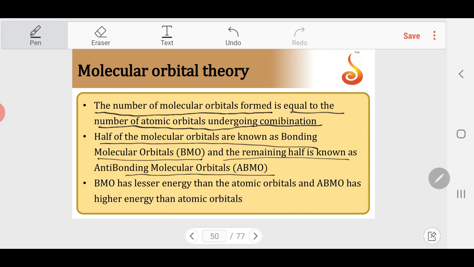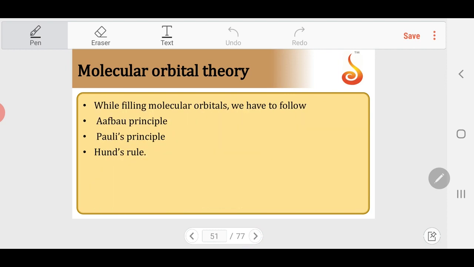In bonding molecular orbitals, the energy is less than the atomic orbitals, which favors bond formation, and anti-bonding molecular orbitals have higher energy than the atomic orbitals, which opposes bond formation. While filling the molecular orbitals, we follow the same 3 rules as for atomic orbitals: the Aufbau principle, Pauli's principle and Hund's rule.